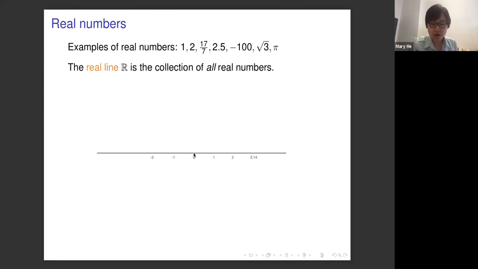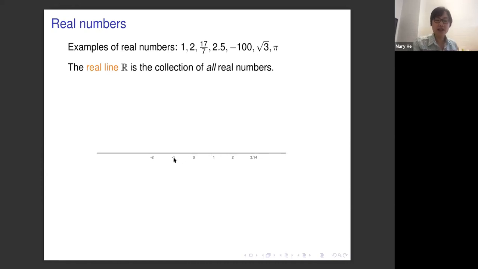The way I put it is I pick a point in the middle, and I claim this is the point 0. So I put the number 0 in the middle of the line. To the right of the point 0, I have 1 and 2. So in increasing order, I have 1, 2, and 3.14, and pi is slightly to the right of 3.14.